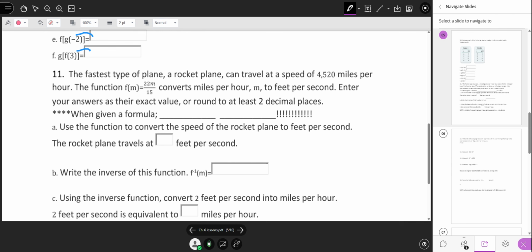So we put this into our original formula, and we get this answer. Then we do find the inverse. So technically this is m, or y, okay?